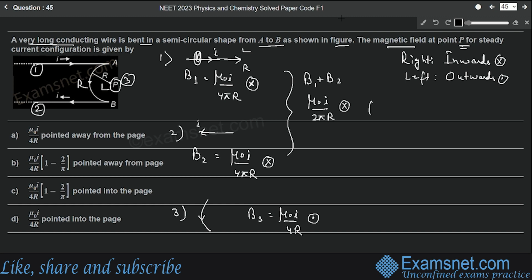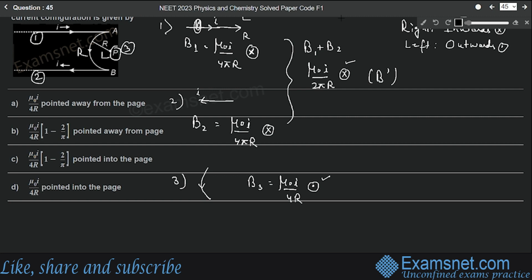Okay, let's say this is B dash. Then we'll add B dash and B3. Okay, but we can see that B dash has a cross and B3 has a dot. That means they have opposite directions. Okay, so B3 plus B dash can be written as B3 minus B dash, because they have opposite direction. Okay, due to opposite direction, one will be in minus sign.